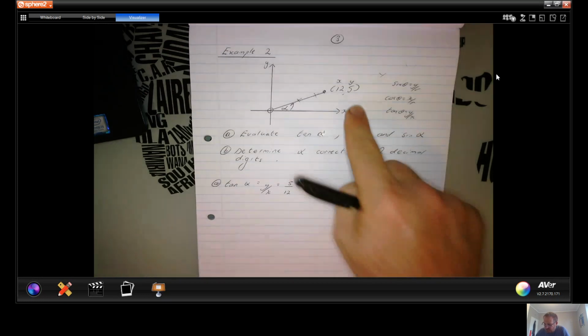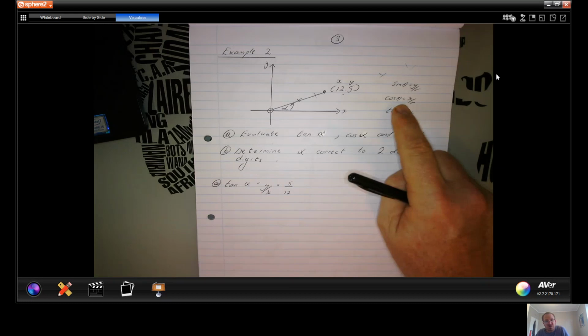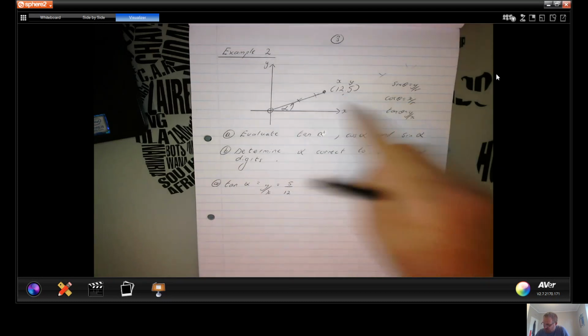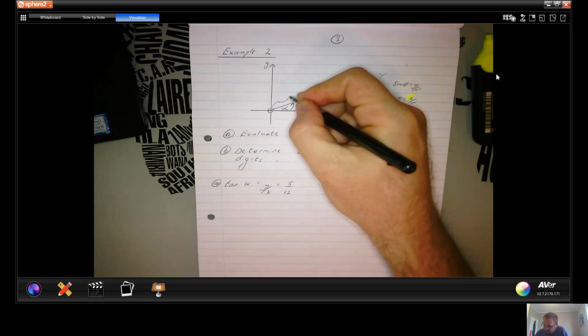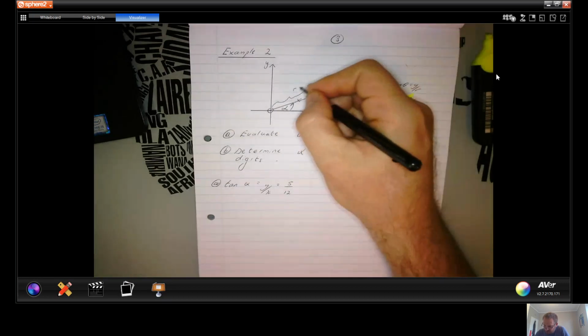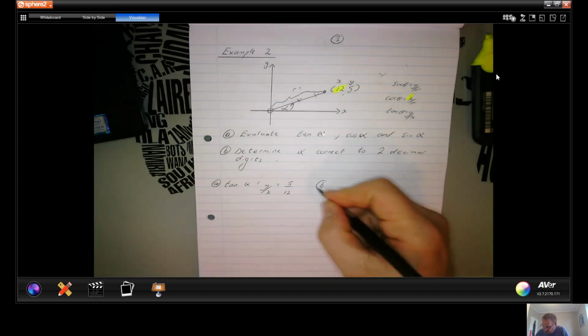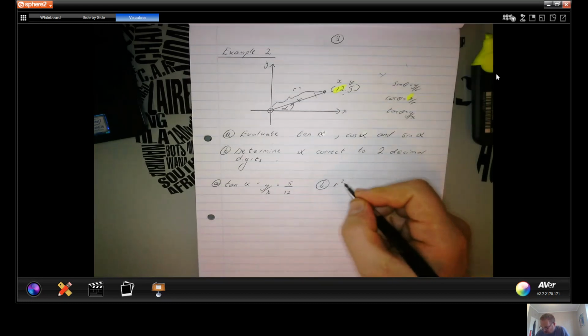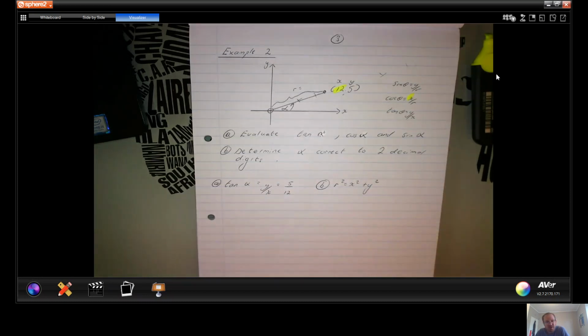So that's fine, tan alpha. However, with cos alpha, we run into a problem. What's the problem? The definition of cos is the ratio of the x coordinate over the radius, and we don't have the radius from the center to the origin. So I've got to go figure out the radius. How do I figure out the radius? Well, I know that the radius squared is equal to x squared plus y squared.